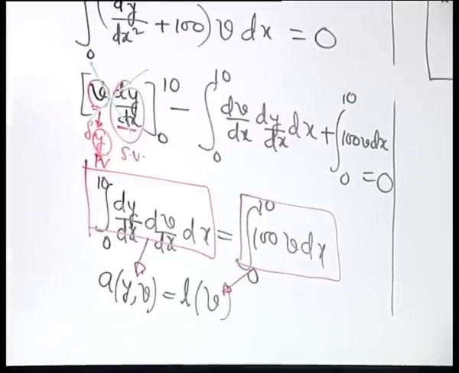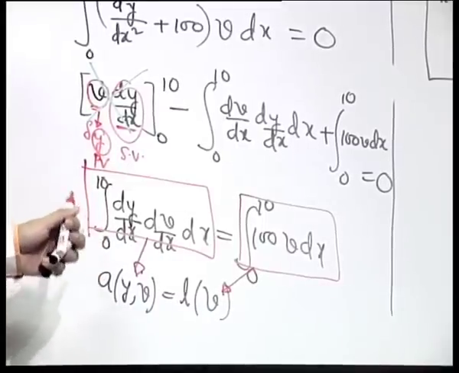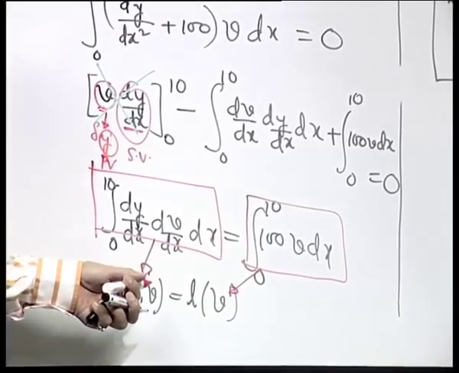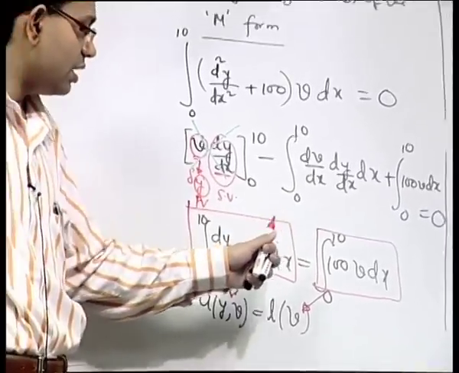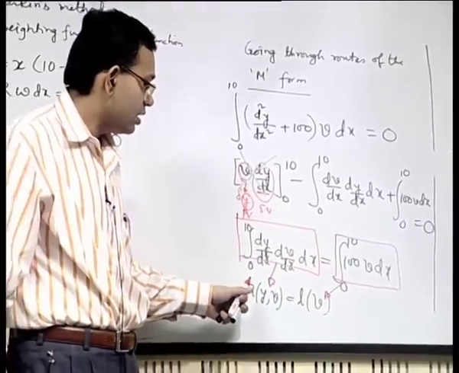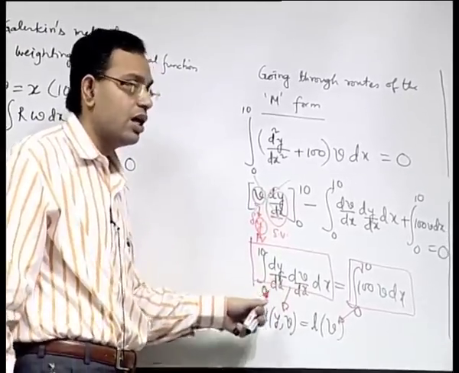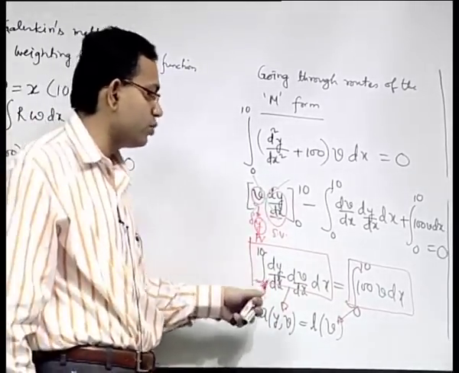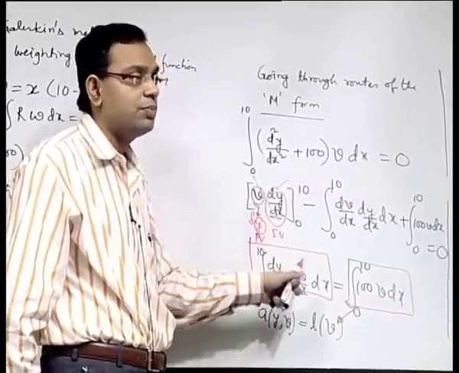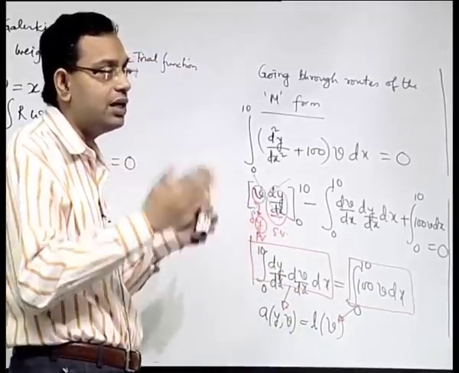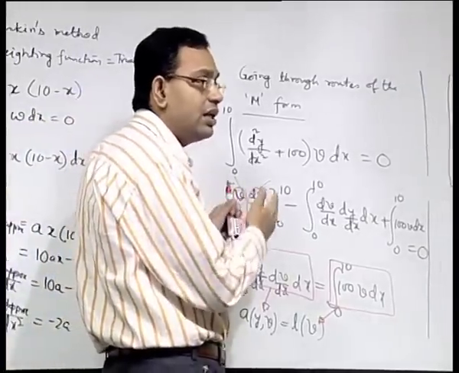What are the requirements that these are satisfying? These are continuous functions. Not only that, A(y, v) equals A(v, y). So, A is symmetric and A is bilinear, because in place of y if you substitute alpha 1 y plus alpha 2 v, and in place of v you substitute beta 1 y plus beta 2 v, then you can expand it in the form of functions which are individually linear in each slot.